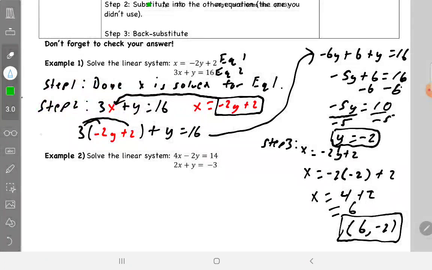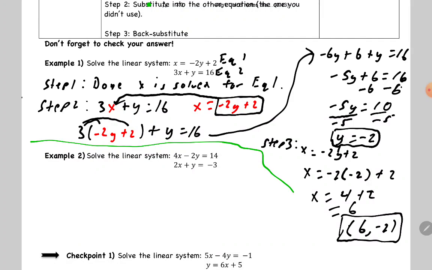So let's go ahead and separate this from example 2. Alright, example 2. Solve the linear system.